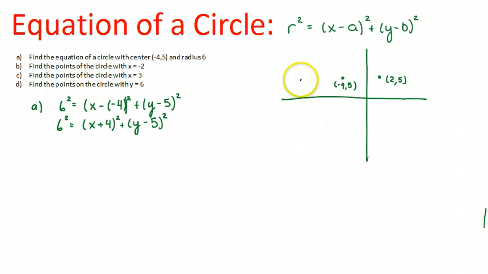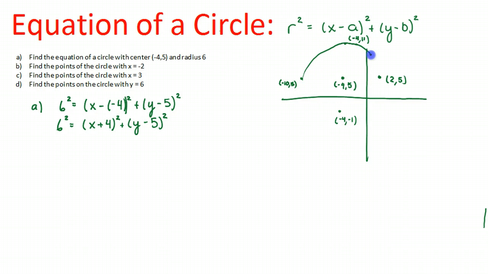If I count 6 to the left, it's going to be negative 10, 5. If I count 6 up, it's going to be negative 4, 11, and if I count 6 down, it's going to be negative 4, negative 1. So if I go and connect these now, we see this circle.